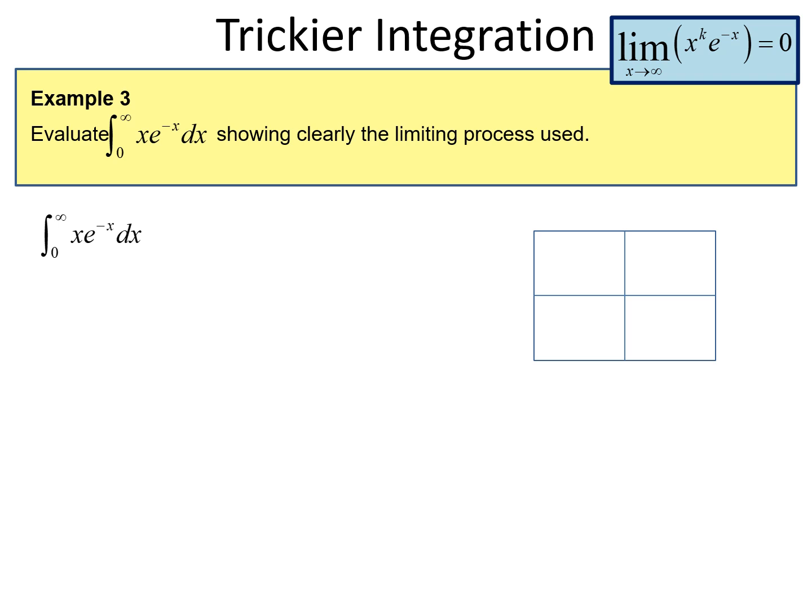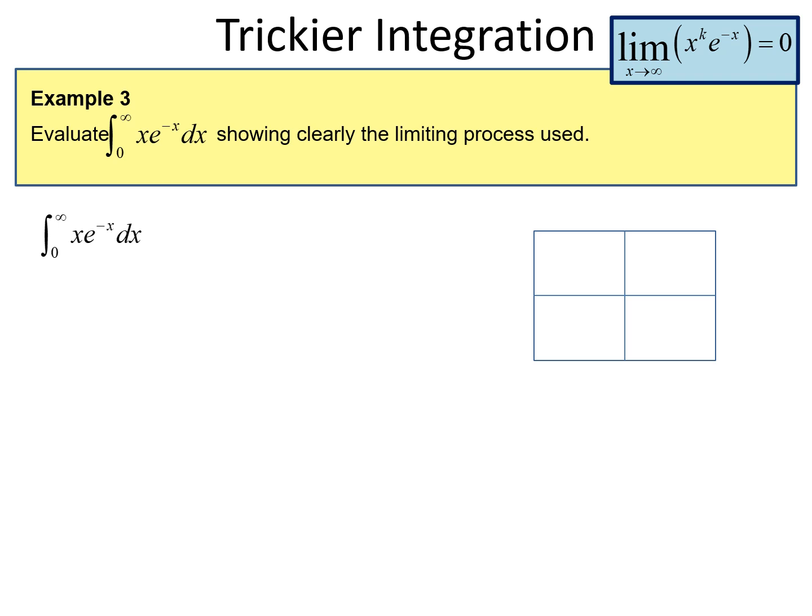Right. Well, we know as x tends to infinity, anything of this sort is going to be 0. Just an interesting thing to think of there.